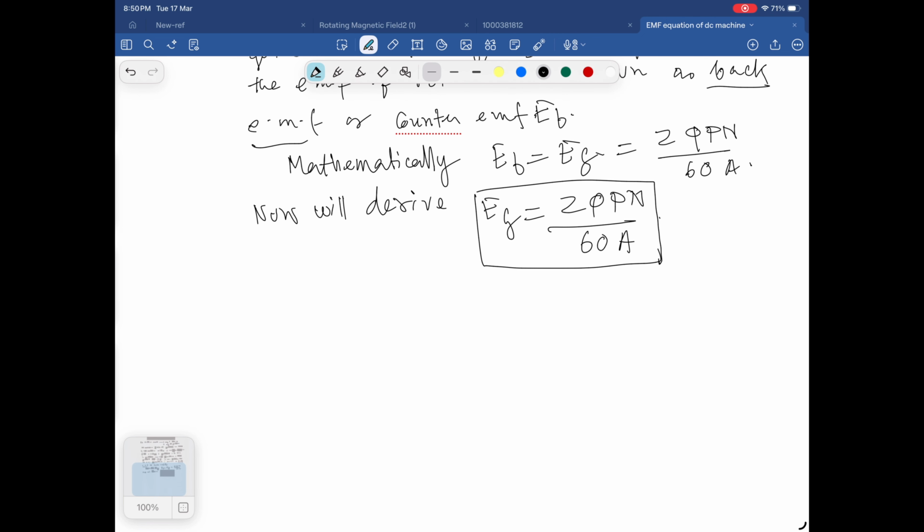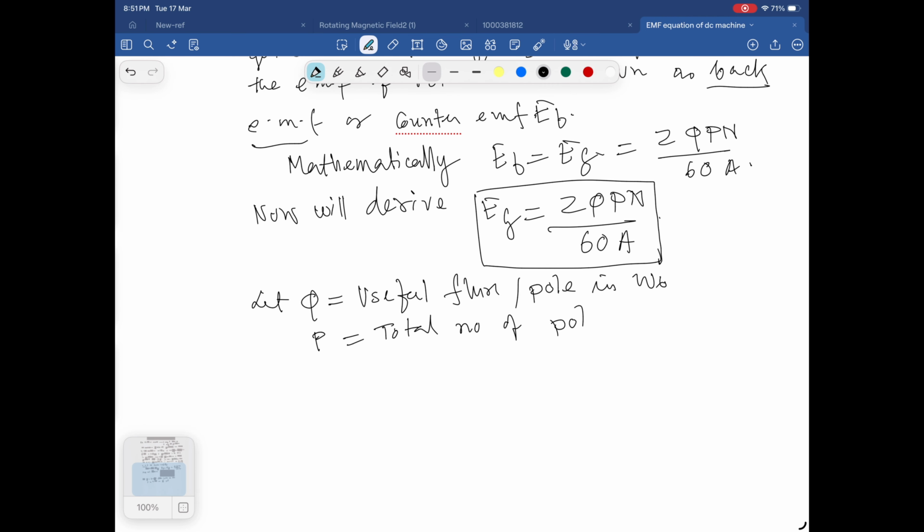So for that, first we have to consider that phi is the useful flux per pole in Weber and P is equal to the total number of poles. It may be a four pole motor, or 6 poles, 8 poles. So P is equal to the total number of poles and Z is equal to the total number of conductors in the armature.